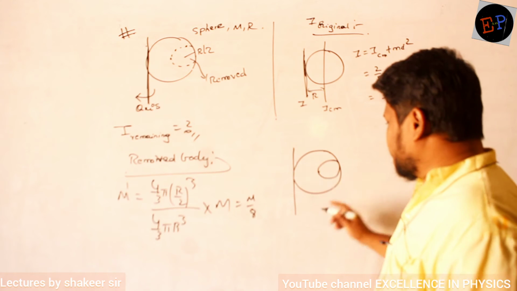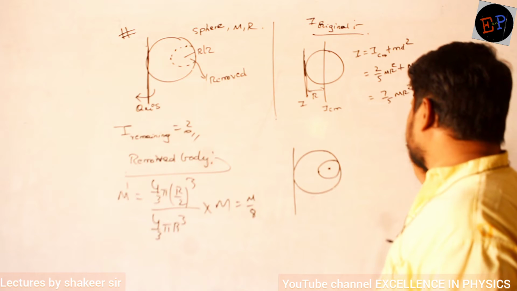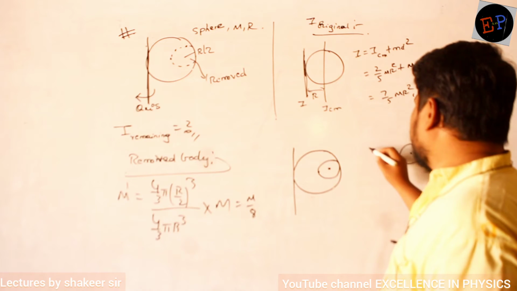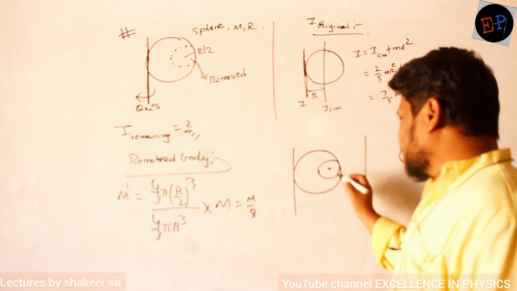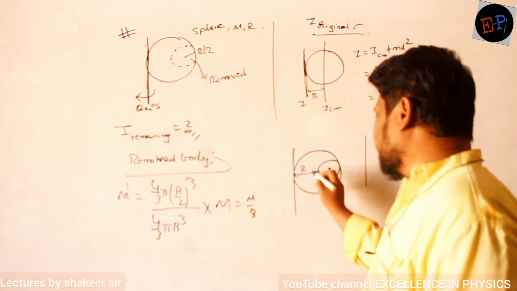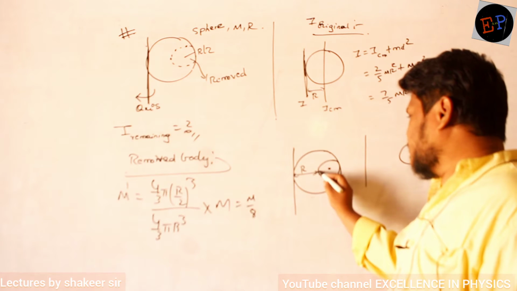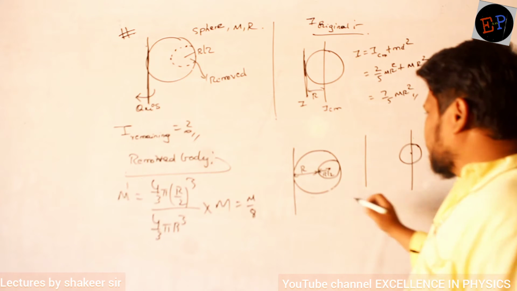Now what is the distance? This is the removed body, or I will draw it separately. So this is the removed body and the axis is somewhere here. So what is this total distance? From here to here it is r, the radius, and from here to here it is r by 2. This is the axis of rotation for this body.